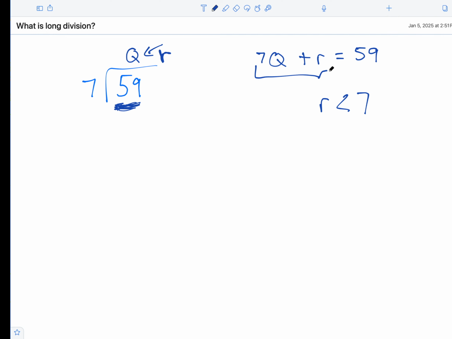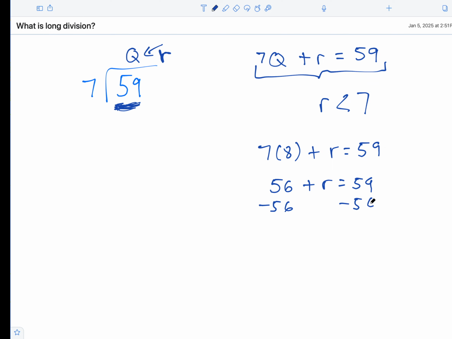So this right here is essentially the equation that we're solving for. And in this case, we're saying, well, hey, it goes in 8 times. And so how much is left over? Well, 7 times 8 is 56. And when we subtract 56, R is 3. So this is what's left over.